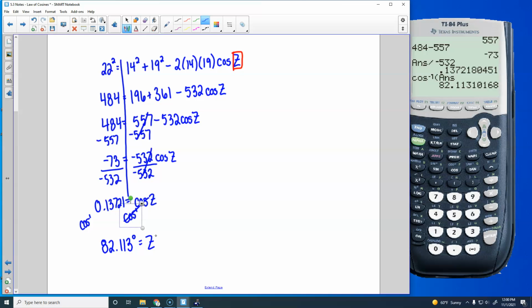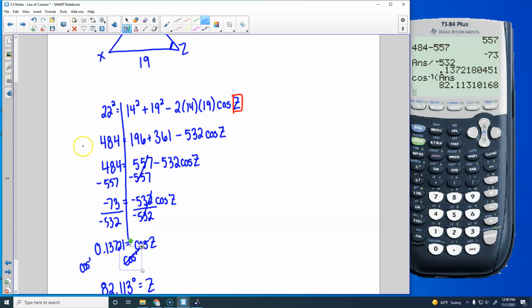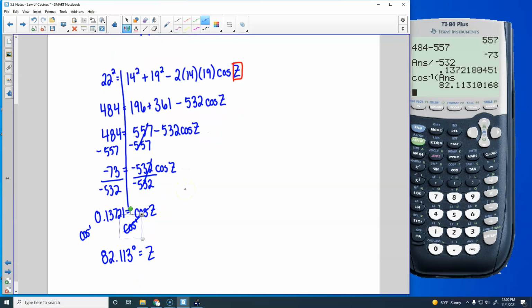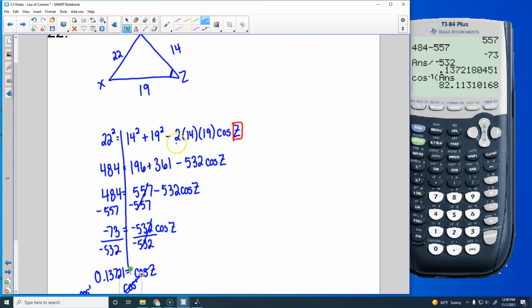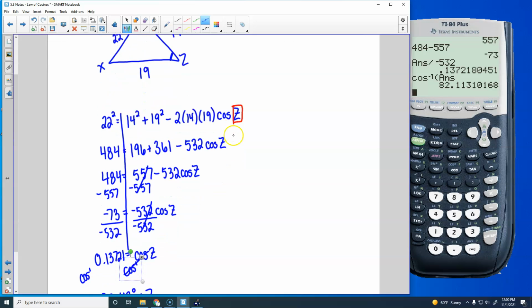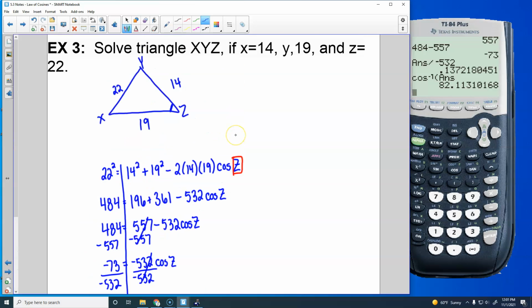Alright, so we're not done because it asks us to solve the triangle. So it wants us to find all of the angles. So what we could do is we could go back and we could do law of cosines just like we just did, except for we could do it for x or for y. Or, at this point, because we know this angle, because we know this is 82.113, what else could I do?